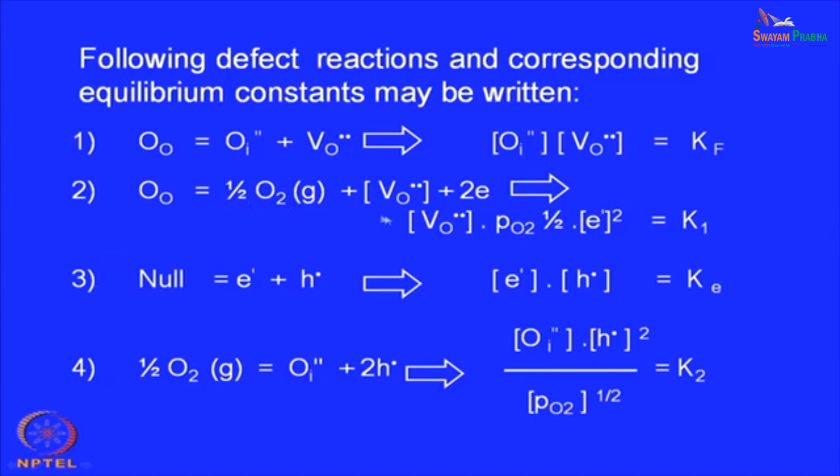And then, before that, we can also consider this. Here we are considering oxygen vacancy at a very low PO2, but at a very high PO2 oxygen from outside can go into the solid in the form of an oxygen interstitial, because we have already assumed that oxygen vacancy and oxygen interstitials are the predominant defects here.